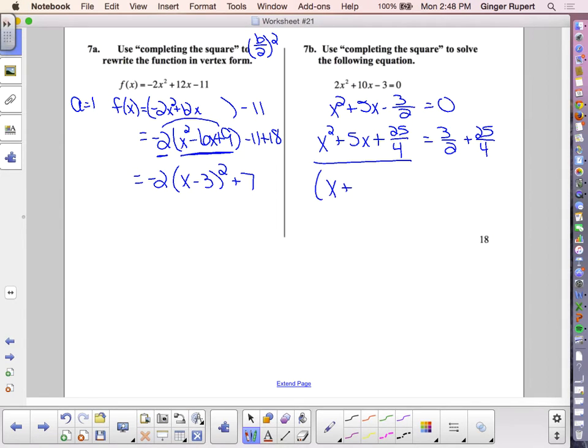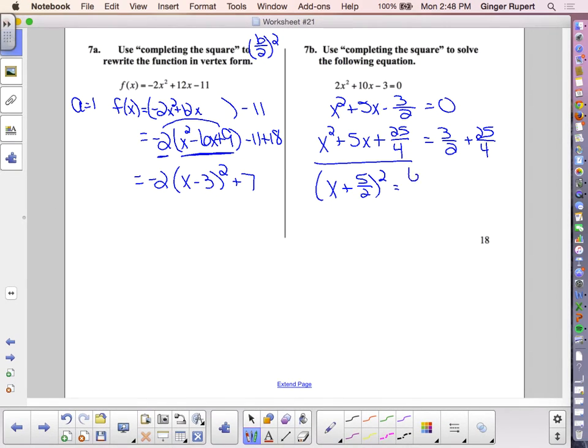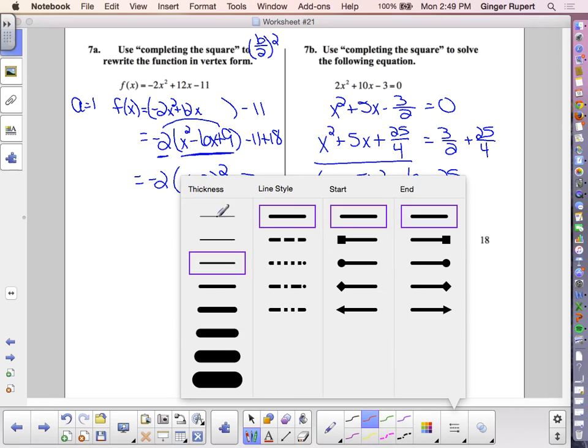So x plus 5 over 2 squared is equal to 3 halves, which is 6 fourths, plus 25 fourths. So I will have x plus 5 halves squared is equal to 31 fourths. Take the square root of both sides.